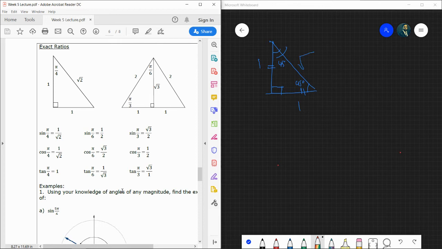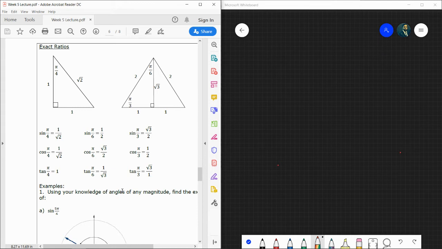We can use Pythagoras. So 1 squared plus 1 squared should be 2. So clearly, using this triangle, we can find out cos 45 and sine 45 easily. What would that be? 1 over square root of 2, 1 over square root of 2. Simple. So that's 45 out of the way.